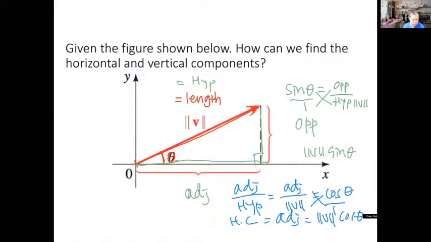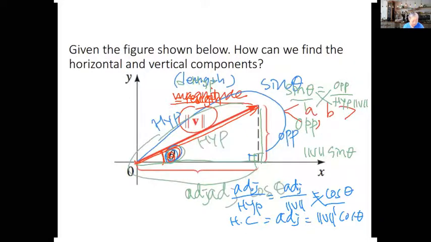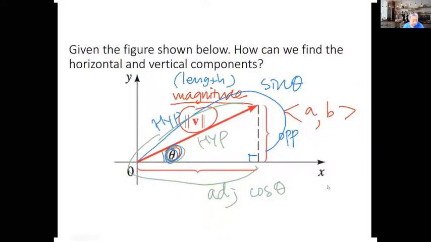Okay, so to summarize, the horizontal component is magnitude times cosine, and the vertical component is the magnitude of the vector times sine.